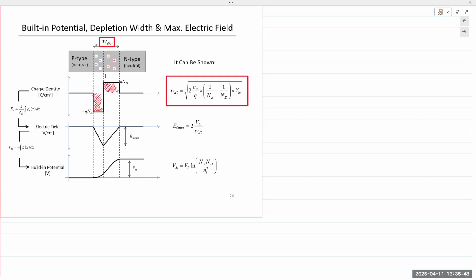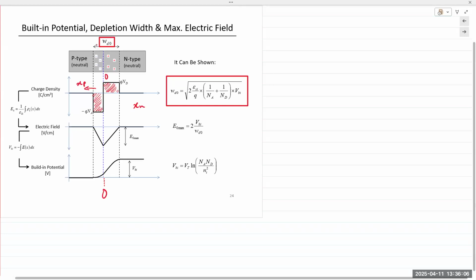I like to say this is 0. And then this is how far it extends. This is Xn in this direction, and this is Xp.